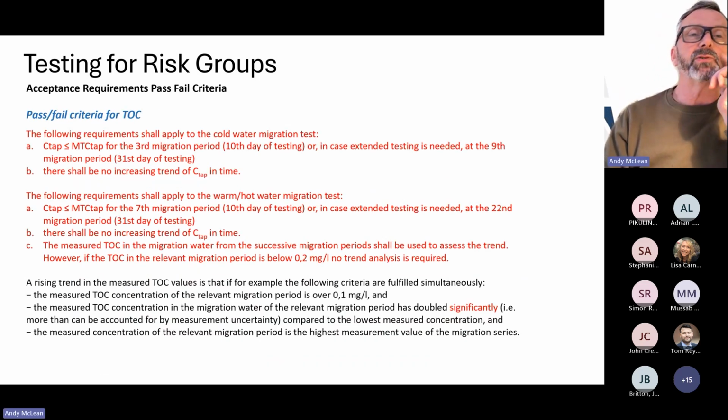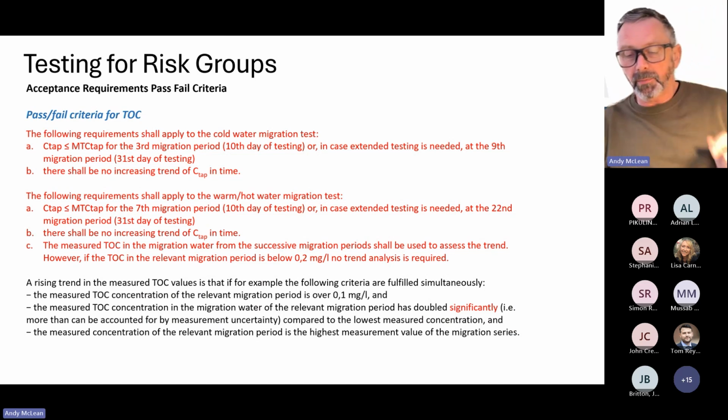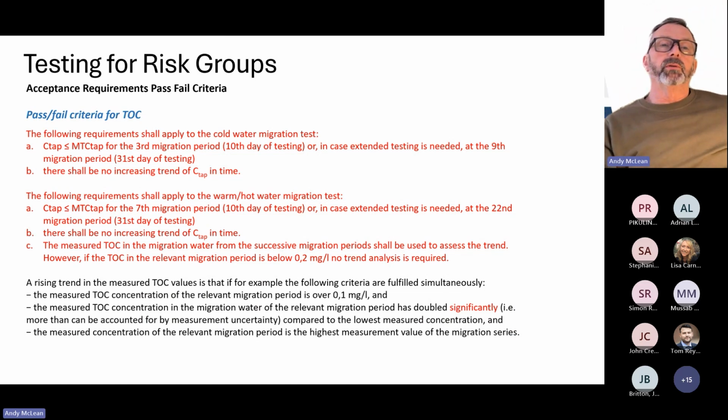Quite a detailed description of the total organic carbon, but again, it comes down to the testing and the standard requires you to check at the 3rd migration period, 10th day of testing, the 9th day of migration, 31, the 31st day of testing.